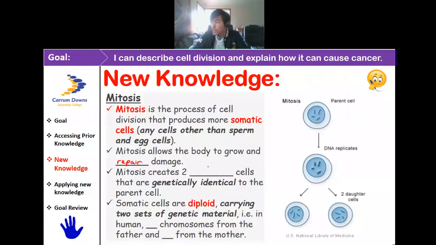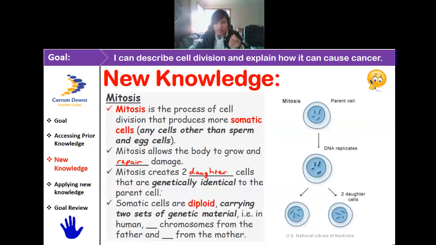If you have a look at the image on the right, you can see that it's going to create two daughter cells. We call the original cell the parent cell, and the cells that we make from the process, the daughter cells. The important bit is that the daughter cells have the same genes, the same DNA as the parent cell.